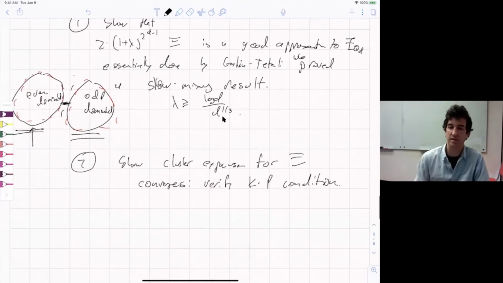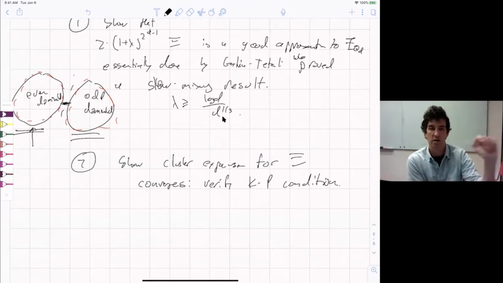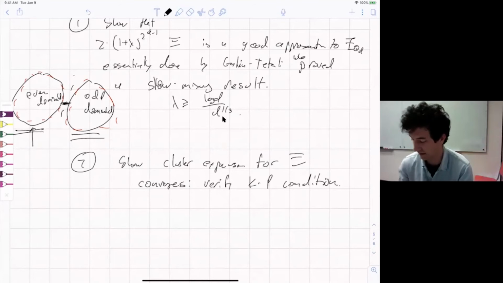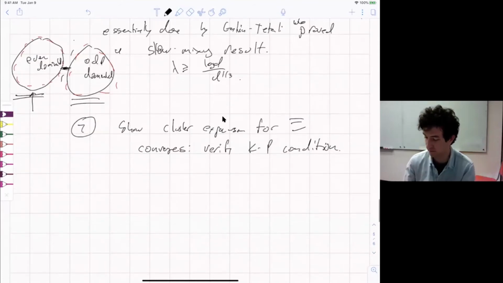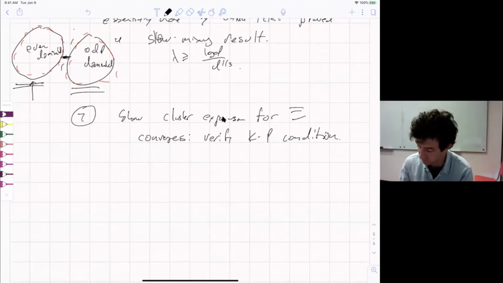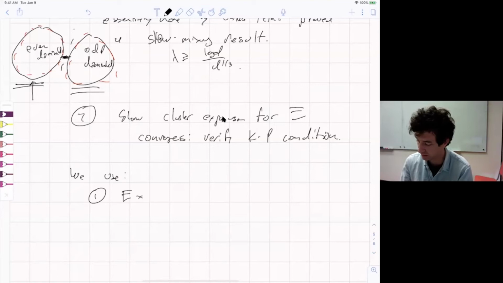And the nice thing is that somehow all the ingredients to do this are already known, and in fact they are exactly what appear in Galvin's 2011 paper, and we can just adapt these and choose the right functions in the Kotecký–Preiss condition to make things work. And so what do we use? So first we use expansion properties.